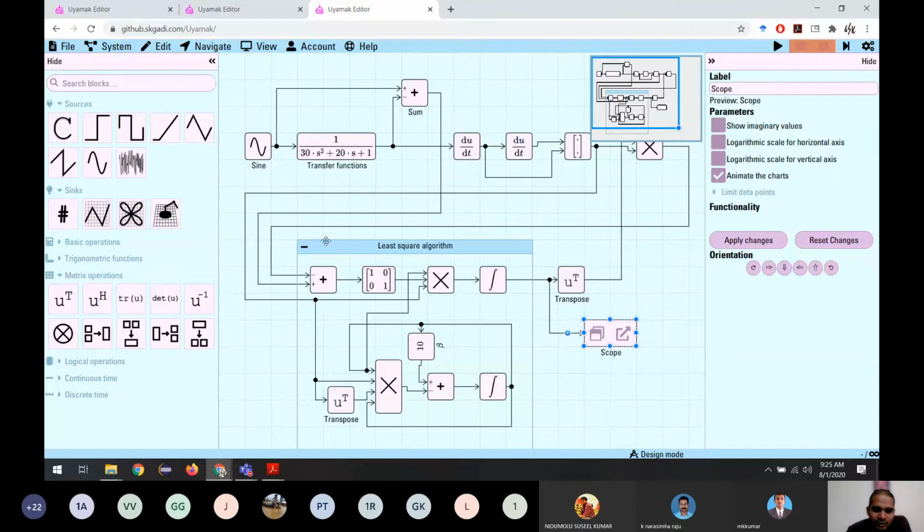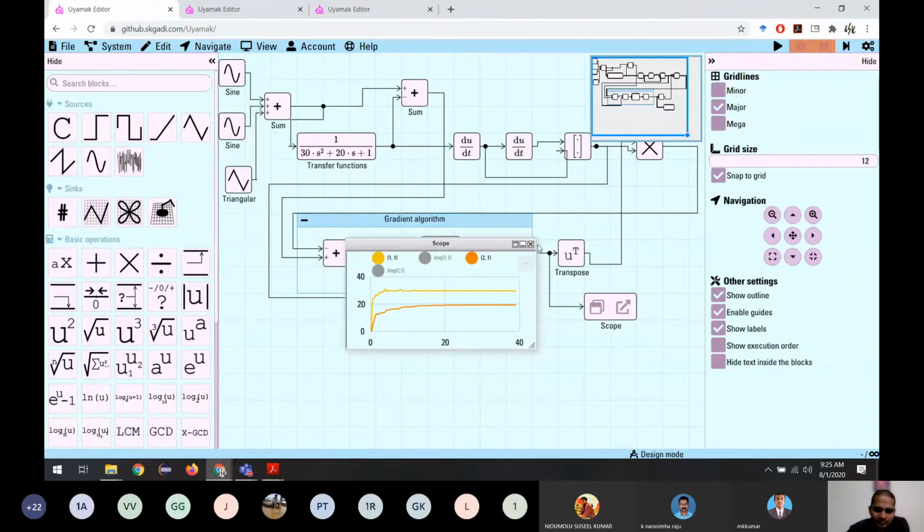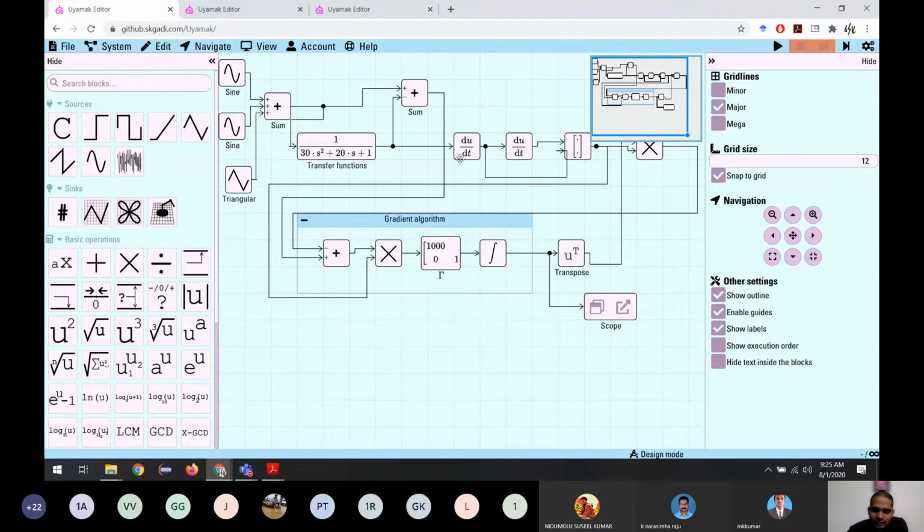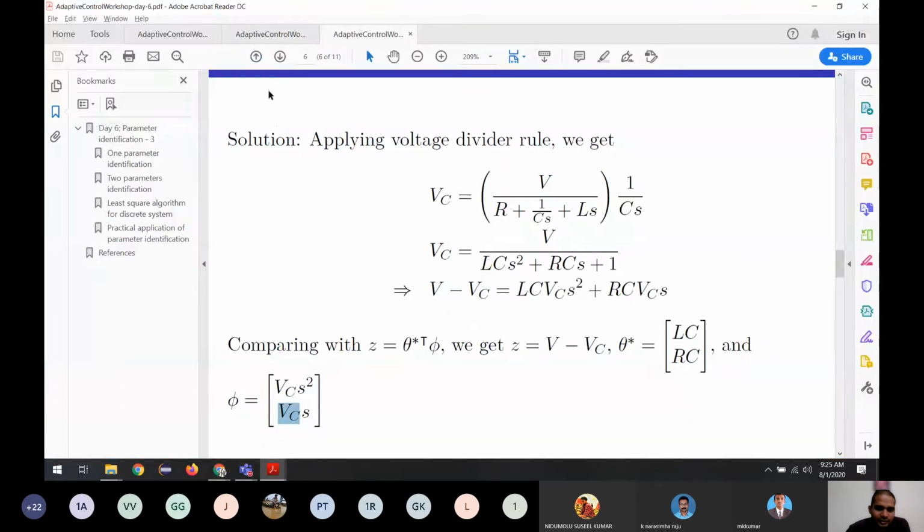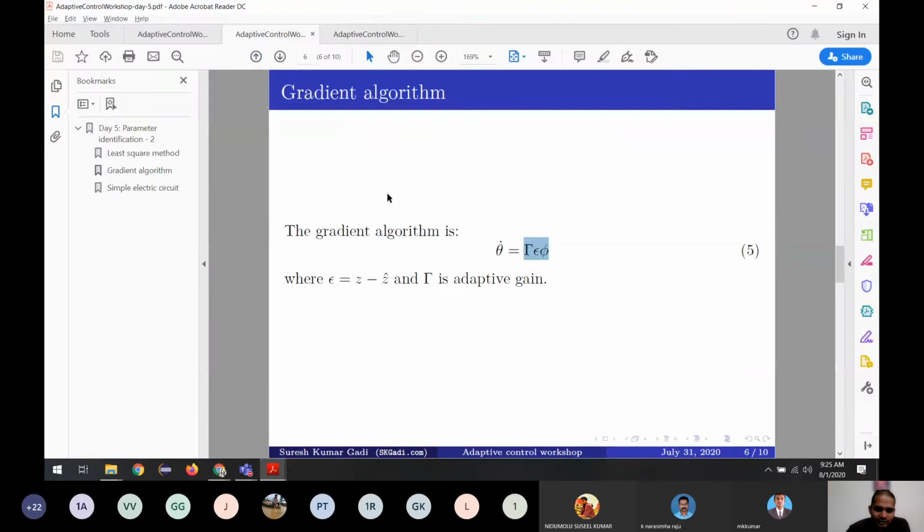And let us see how we are doing the multiplication in the gradient algorithm. We have seen until here, it is clear how we got it. And in the multiplication here, the difference is a scalar difference, so we get epsilon here. So what is the gradient algorithm? This is the gradient algorithm.